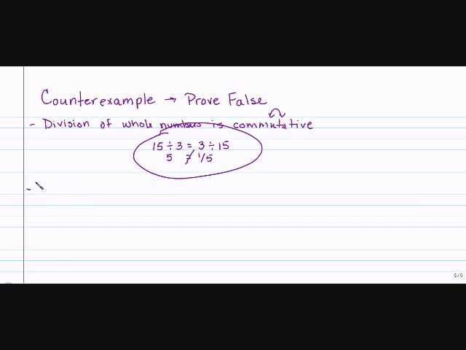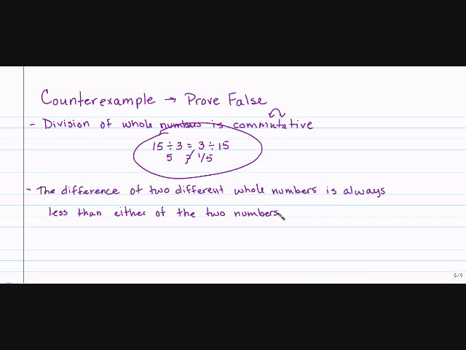Let's take another one. The difference of two different whole numbers is always less than either of the two numbers. Take a look at a couple of keywords in order to understand it. Those keywords are difference, which means subtract.